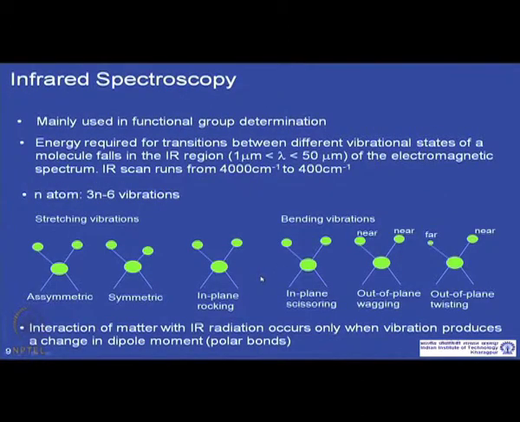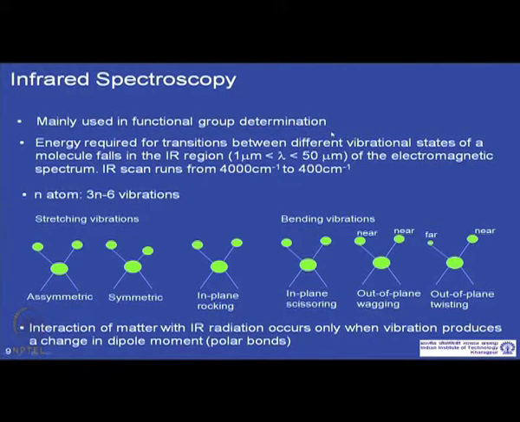Next we move to IR spectroscopy, and as I mentioned, we will just mention the basic things about this spectroscopy and then move to the application in polymer science. As we all know, IR spectroscopy is mainly used in functional group determination.